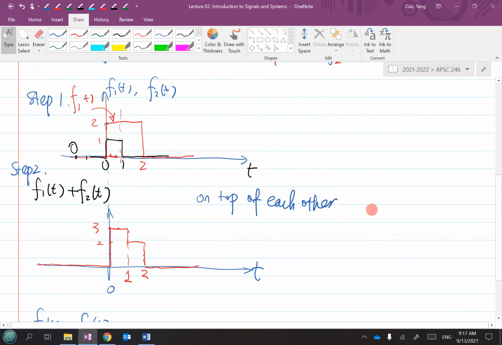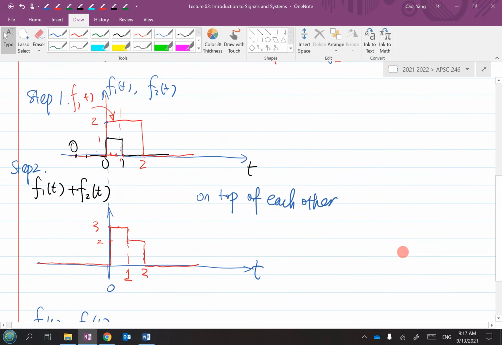And then you try to do the subtraction by changing the t value from the left to the right, from negative infinity to positive infinity. So the red subtract the black.